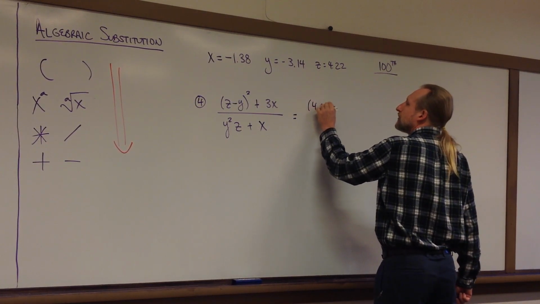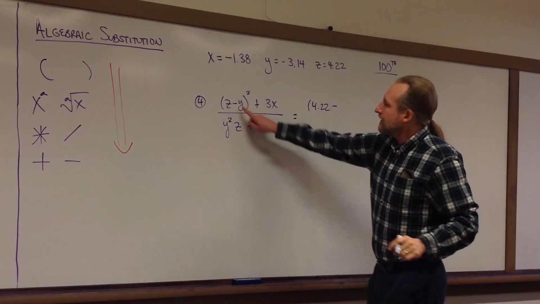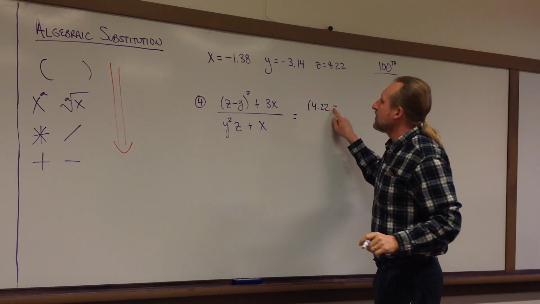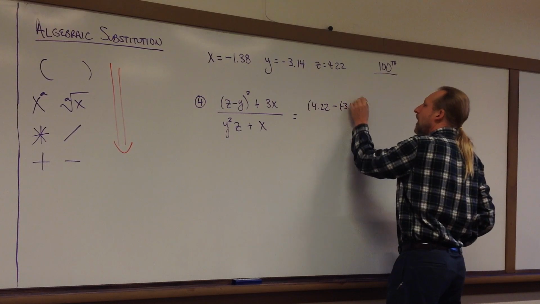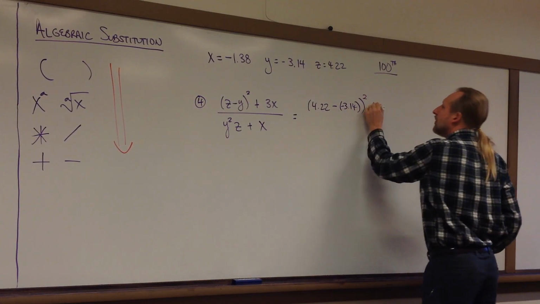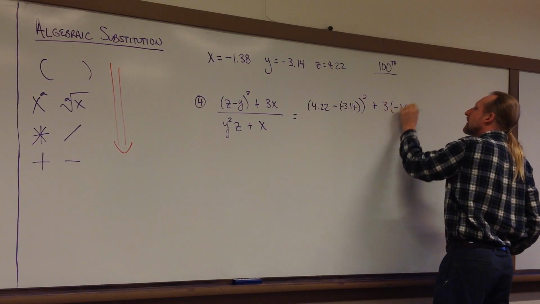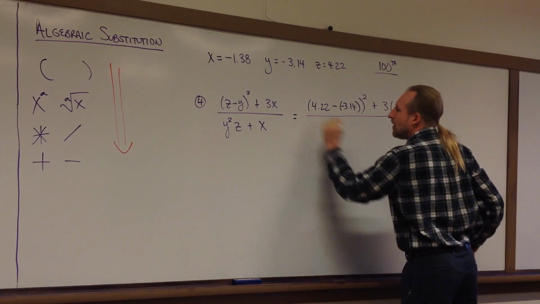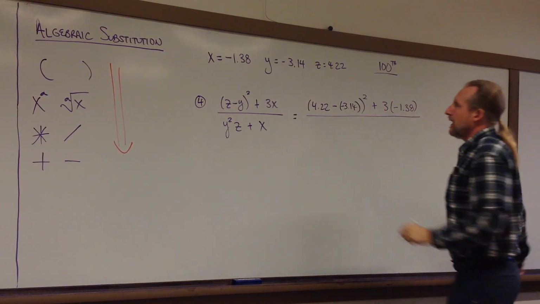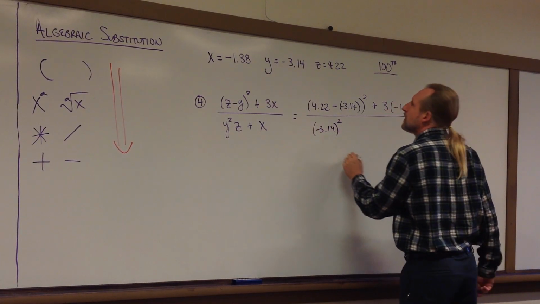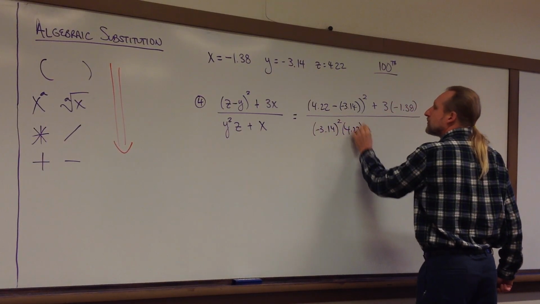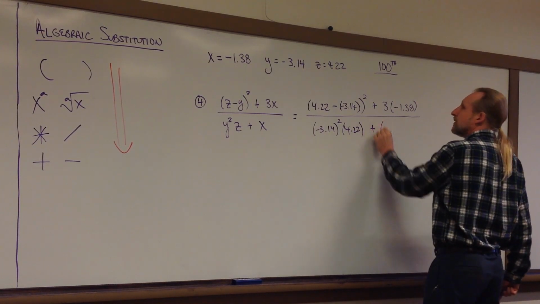Z, 4.22. Now again, this minus sign comes with the formula. This minus sign comes with the value of y that we plug in. 3 times negative 1.38. Then on the bottom, negative 3.14 squared times 4.22 plus negative 1.38.